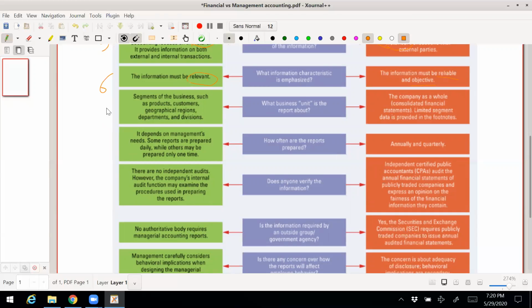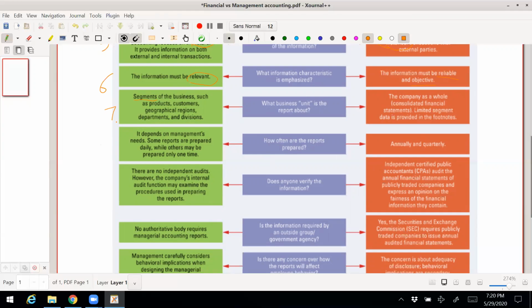Next one, the main difference is: what's the unit? Financial accounting focuses on the firm overall, but managerial accounting can have the firm overall, and also segment reports for each department, even each functional organization. So you can have your own report because it's internal.